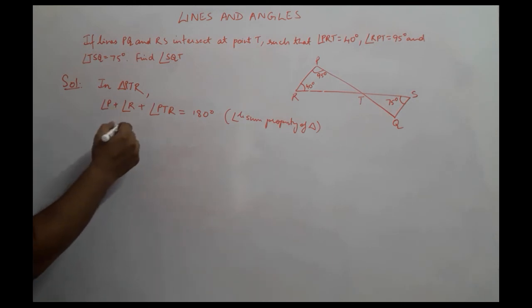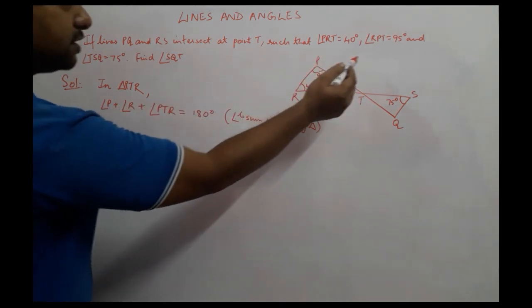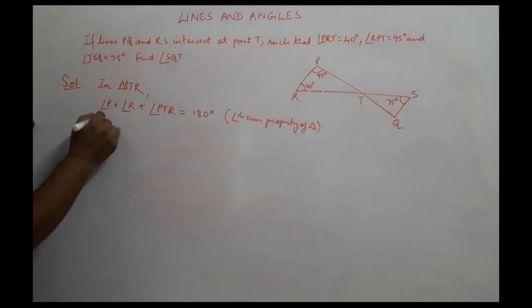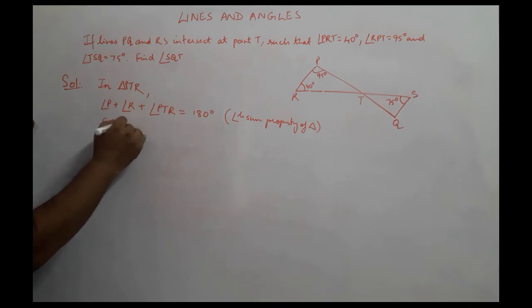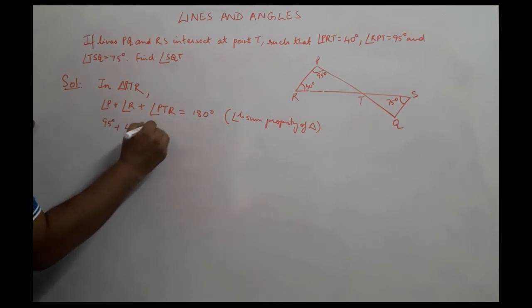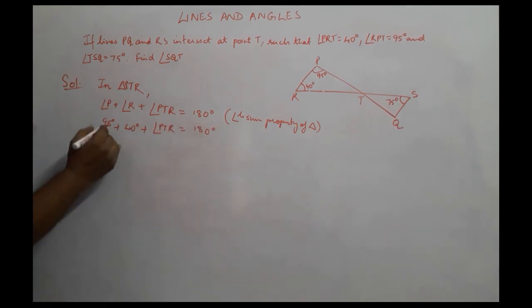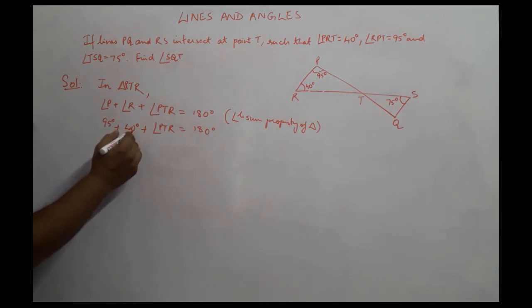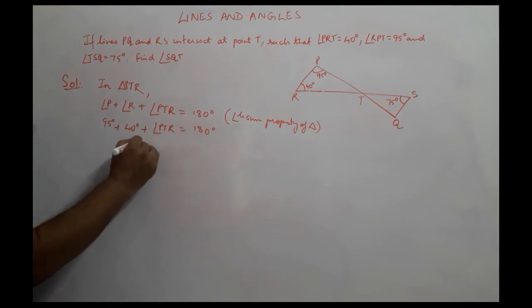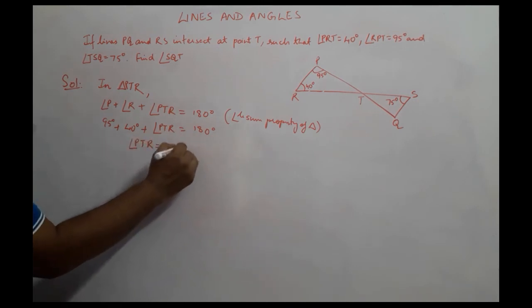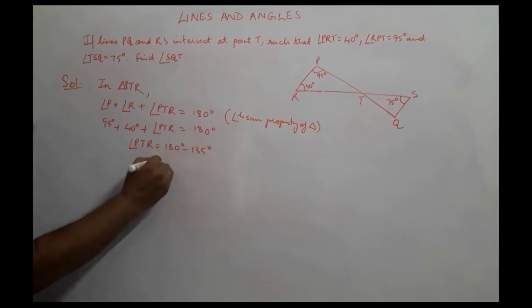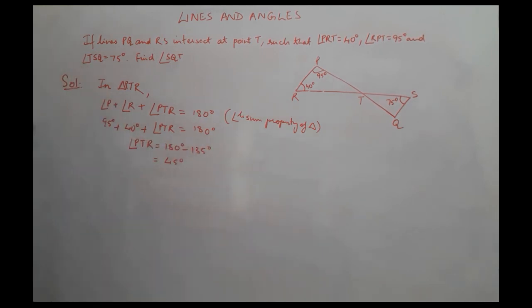Angle P is the same as angle RPT in this case, so that is 95 degrees. Angle R is 40 degrees. PTR we need to find out, equal to 180 degrees. 95 plus 40 gives us how much? 135 degrees, which we take on the other side and it becomes negative, and that will be 180 degrees minus 135 degrees. So that gives us 45 degrees. So angle PTR is equal to 45.